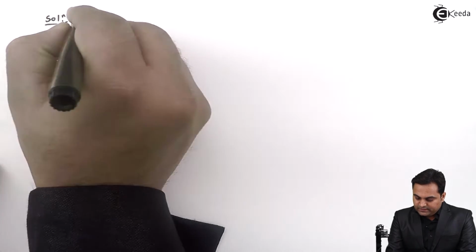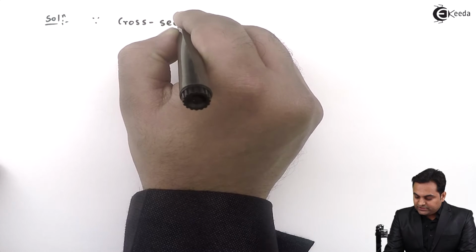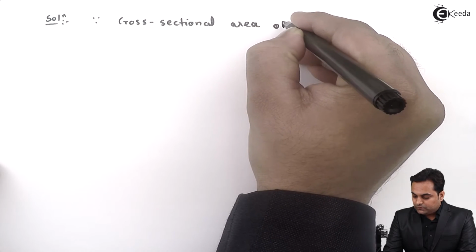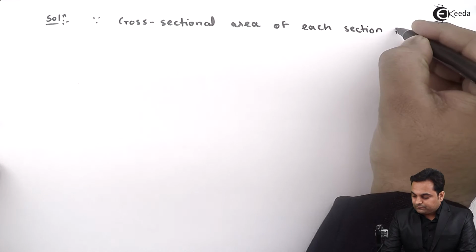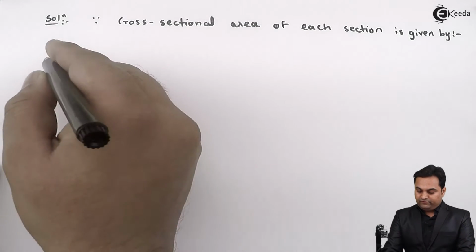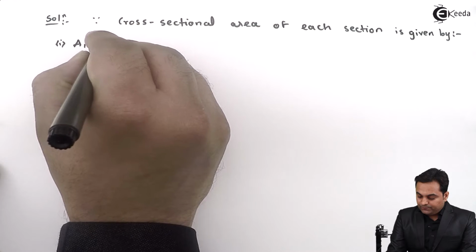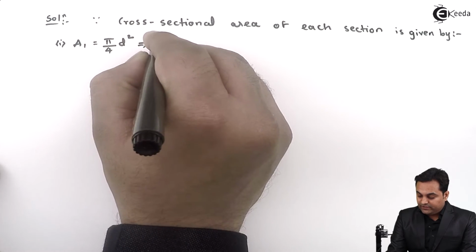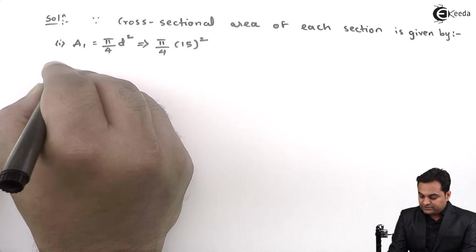Solution: since cross-sectional area of each section is given by, first section 1, area 1 will be equal to pi by 4 into d square, and here the diameter is 15 mm for the first section.